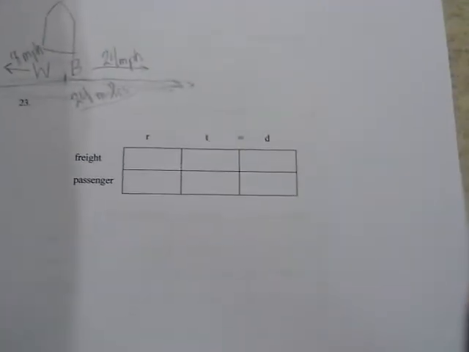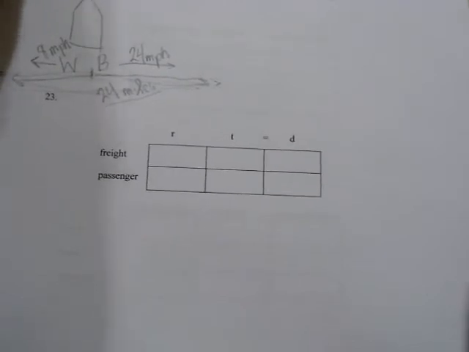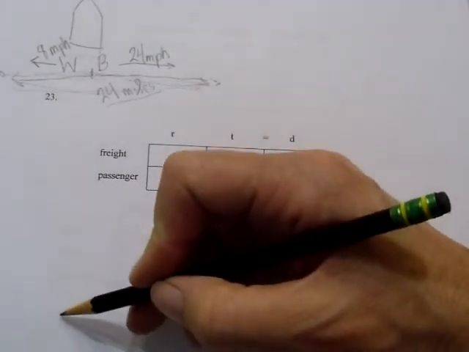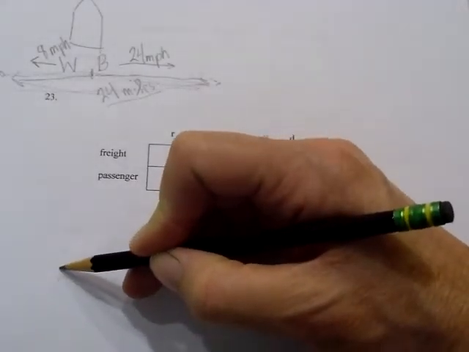23 is your next assignment, next problem. And that one goes like this. A freight train leaves Centriella for Chicago. At the same time, a passenger train leaves Chicago for Centriella. The freight train moves at a speed of 45 miles per hour. So it looks like it's going to be a similar problem again.